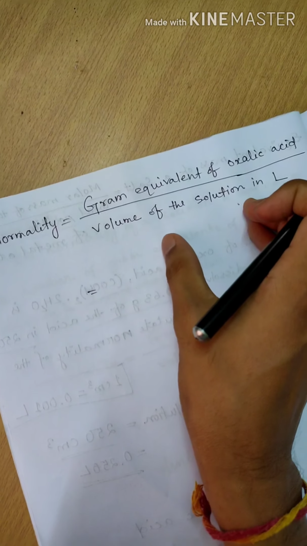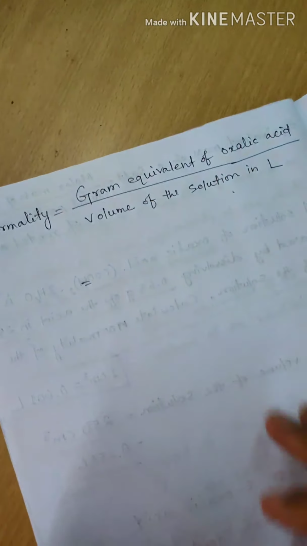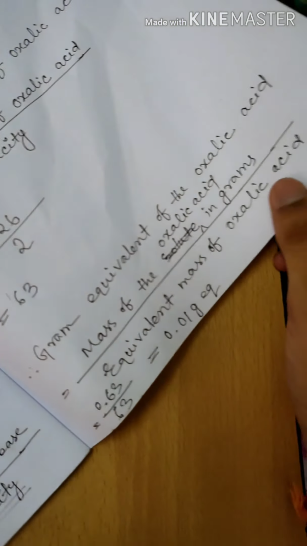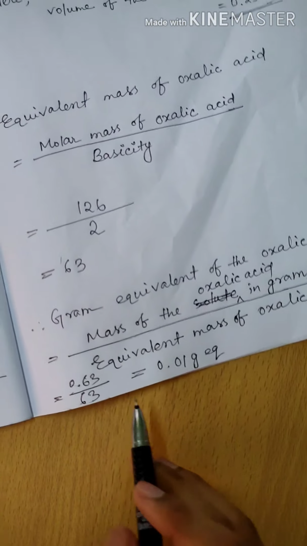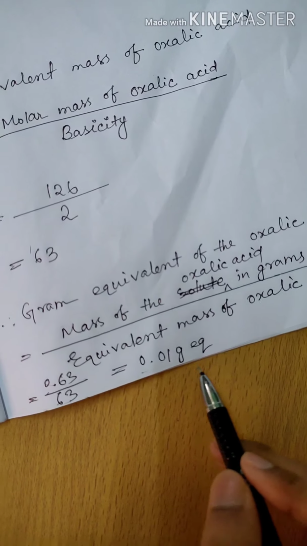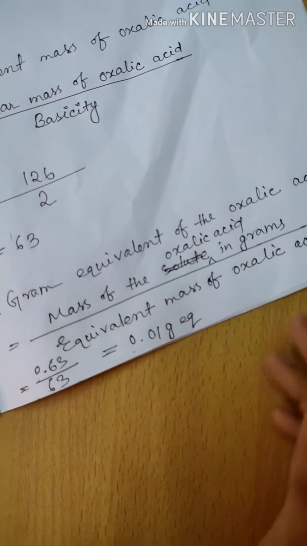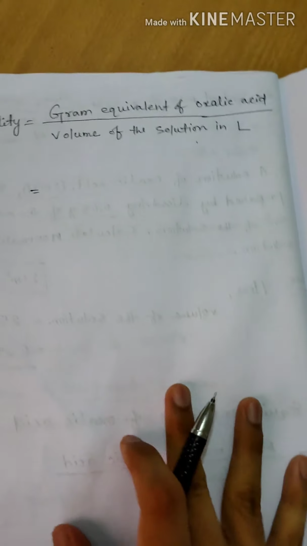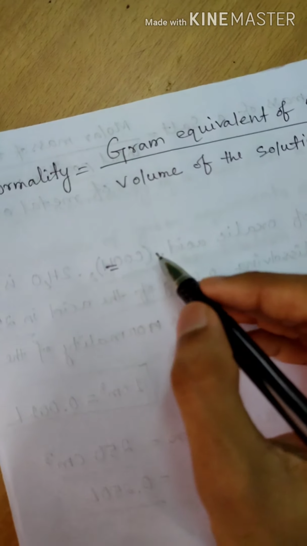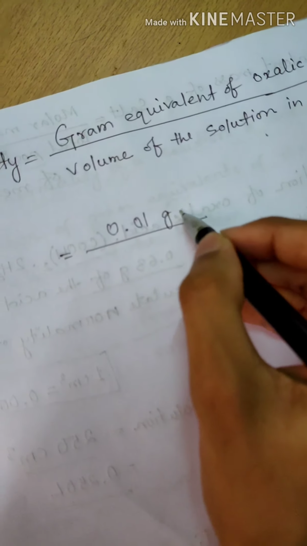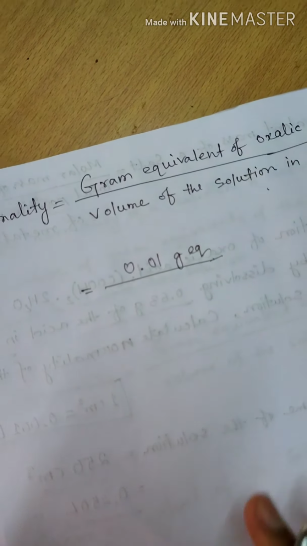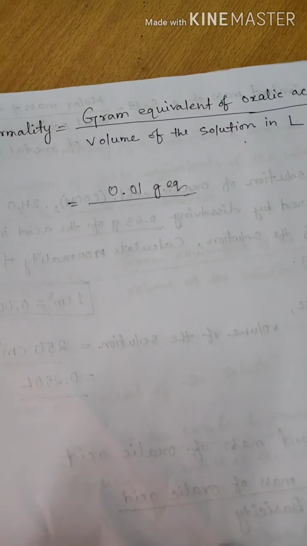We have just calculated the gram equivalent of oxalic acid as 0.01 gram equivalent, so we write here 0.01 gram equivalent. And what was our volume of the solution in liter?